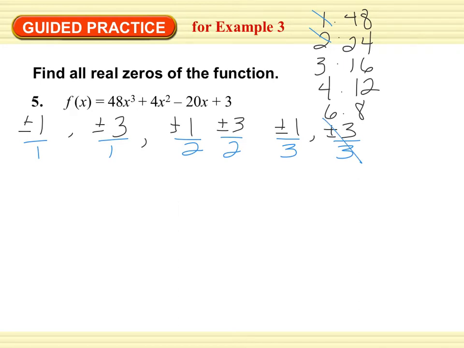Because 3 over 3 is 1, we've already taken care of 1. Plus or minus 1, plus or minus 3 over, cancel over 4. Plus or minus 1, plus or minus 3 over 6. 3 over 6 is the same as 1/2, which we've already taken care of.